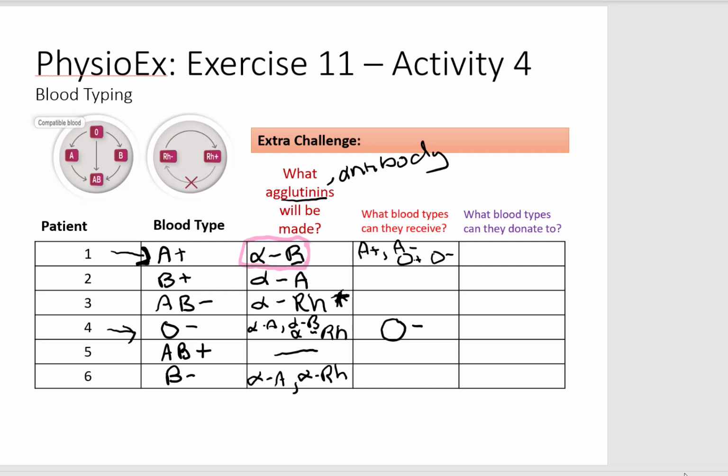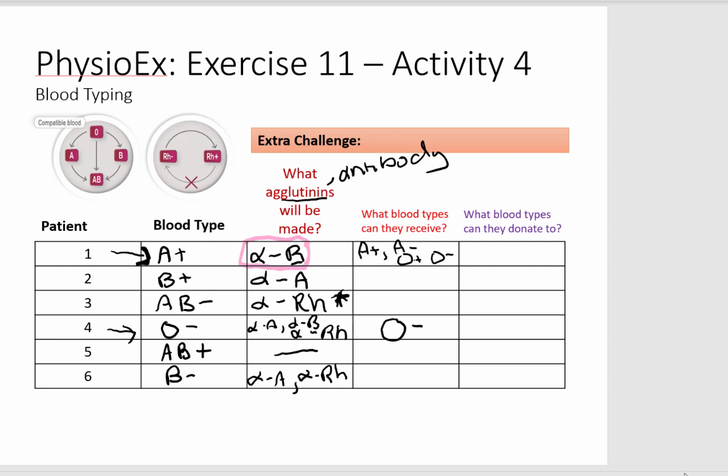Strangely, on exams, the number one overlooked blood type that a person can receive, that a student usually forgets to tell me, is the person's own blood type. Isn't that funny? But it happens. Number one. So O negative people can only receive O negative blood. Sucks to be them, huh?